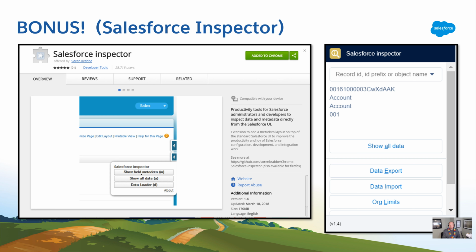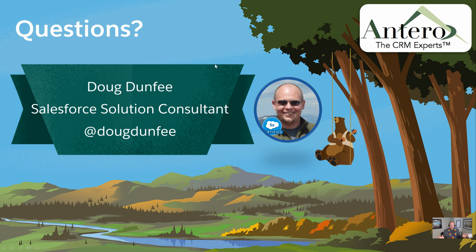So shout out to Salesforce Inspector here as a tool a lot of people like. Puts a little arrow similar to the classic style dev tools on the right side of the page. You click on that, and then you click Show All Data, and it brings up a screen with all your data. So really handy.